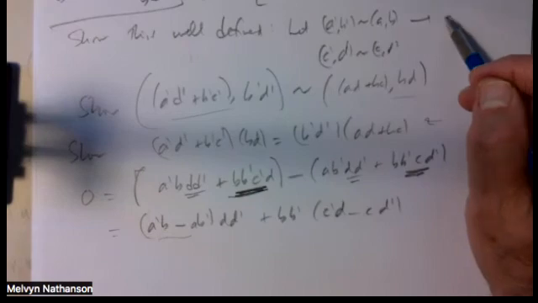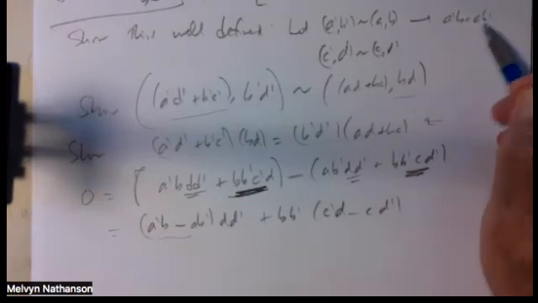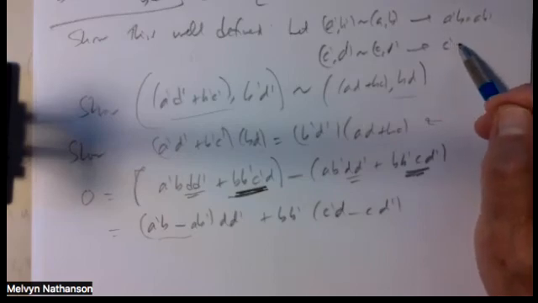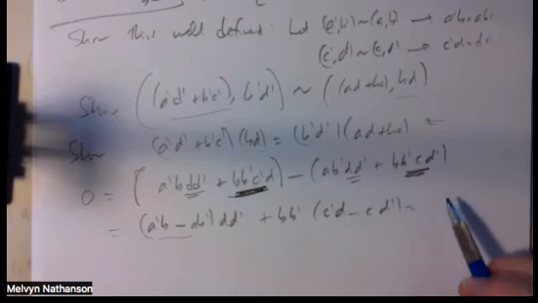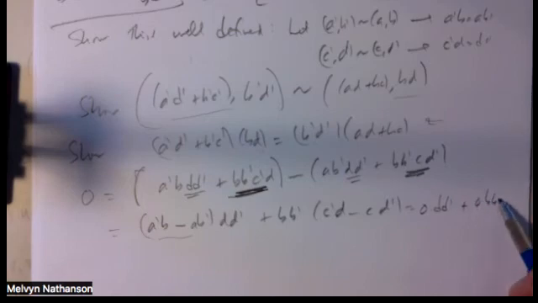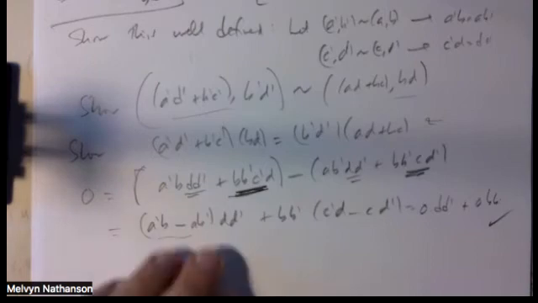But this is 0. These are related. This says that A prime B equals AB prime. These are related, so C prime D equals DC prime. So I get 0 times DD prime plus 0 times BB prime. That's 0. So this is a well-defined addition of these congruence classes.